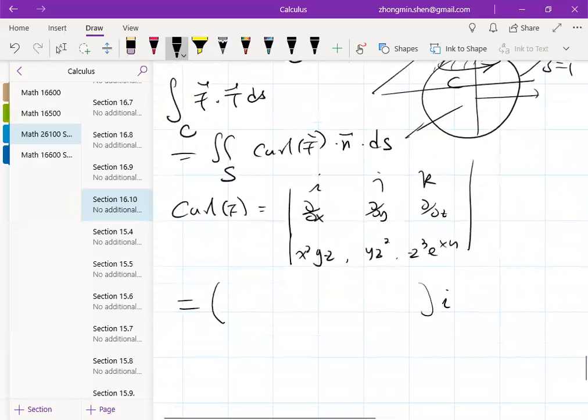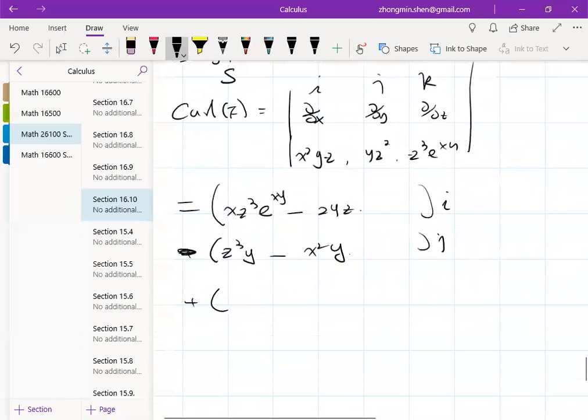So the partial derivative of this is going to be x z cubed e to the x times y minus 2yz, okay, plus, it's actually minus, yeah, so that's j. And that partial derivative z cubed, when you differentiate with respect to x, you get a y minus x squared y, okay?